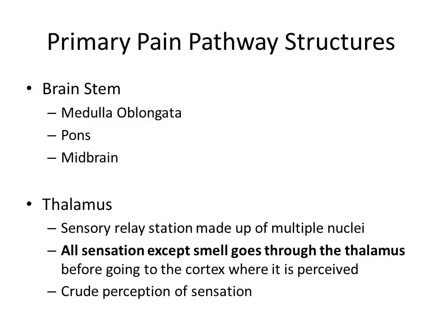All sensations, with the exception of the sense of smell, go to the thalamus before they can go to the cerebral cortex to be consciously perceived. So if something only gets to the level of the thalamus, you still have a general, crude perception of the sensation, but you can't give it the discriminative aspects of location and possibly intensity.